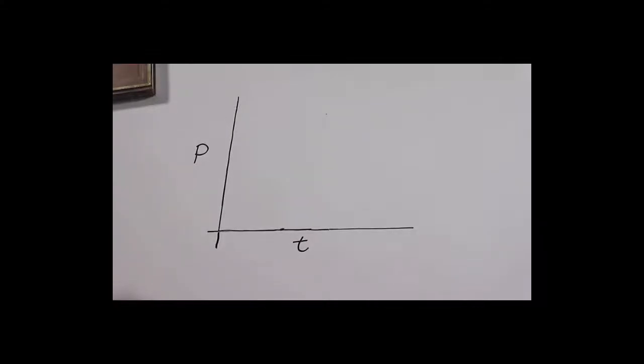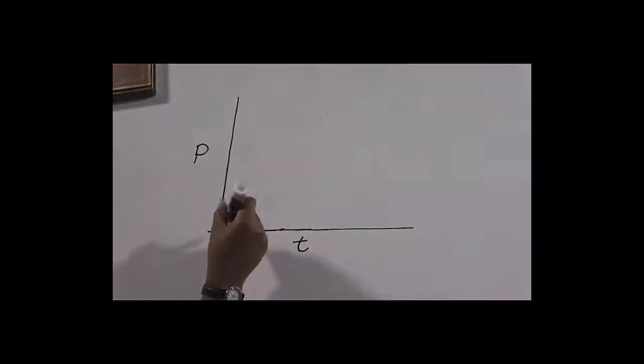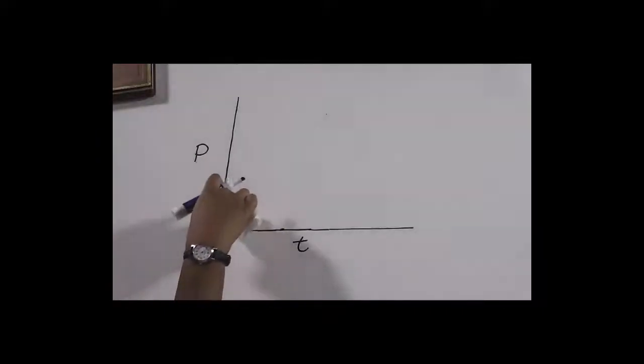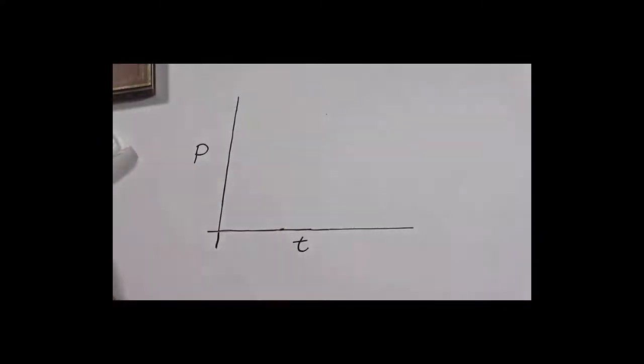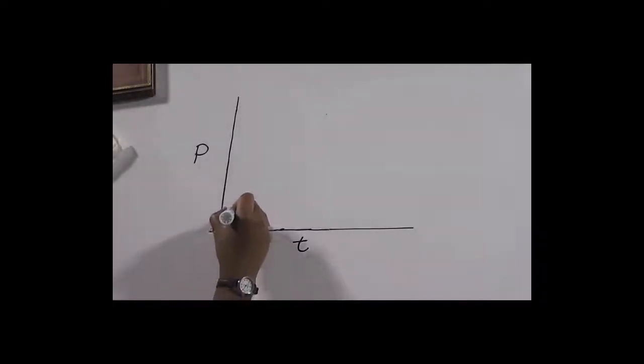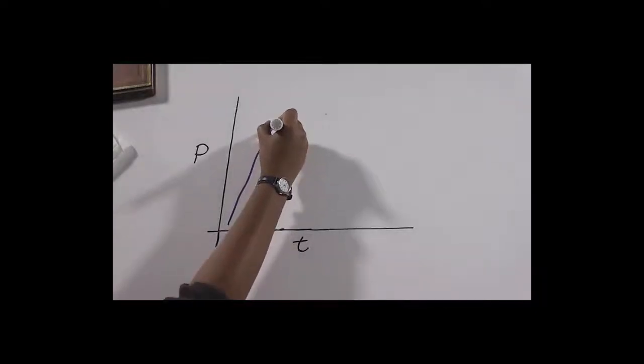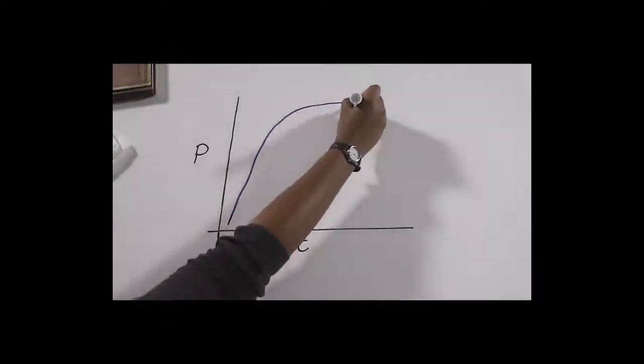Part B says that the price of the stock is close to maxing out. So we can visualize this by saying, over time, the price is rising, rising, rising, and then soon it begins to max out.